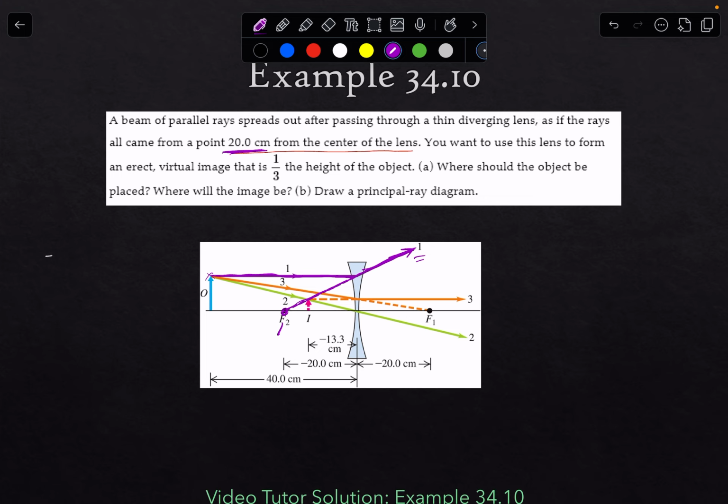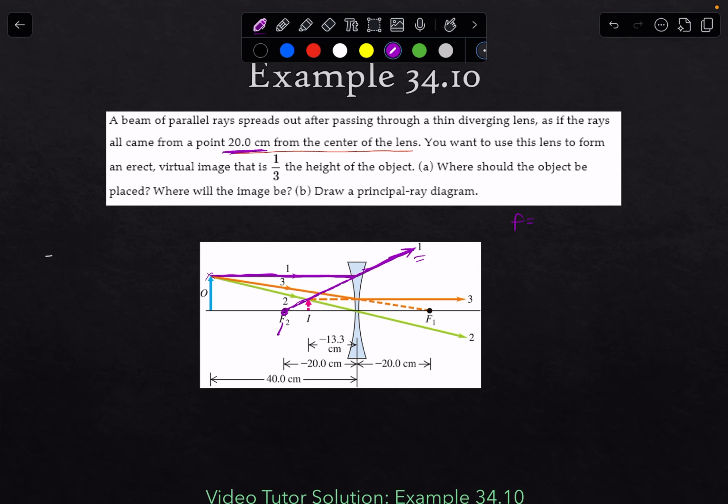And so now we have the focal point of this diverging lens, but we need to apply our sign rules. If we look at that summary in the back of the book, the sign rules are defined with respect to the outgoing side. If the radius of curvature is on the outgoing side, then R and F are positive.